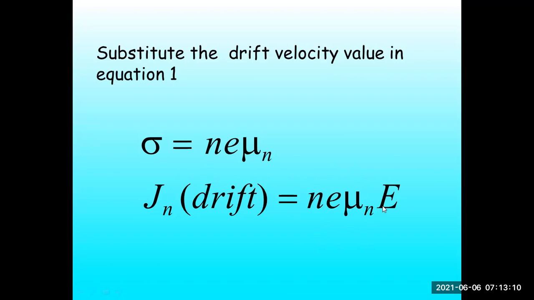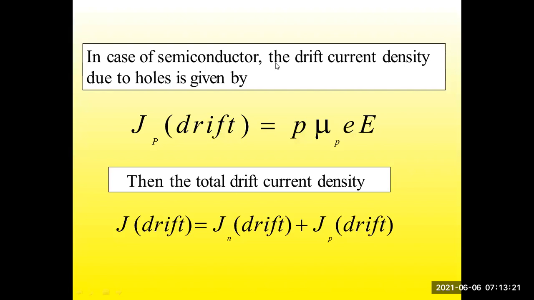Then we'll write Jp also. Why? Because the movement of charge carriers in the semiconductor is not only due to the electrons, but also due to the holes. In a semiconductor, the drift current density due to the holes, as I just told you, is J suffix p drift equal to P mu p E into E. Then the total drift current density is given by Jn, which is the movement of charge carriers of the electron, plus Jp, the movement of holes.